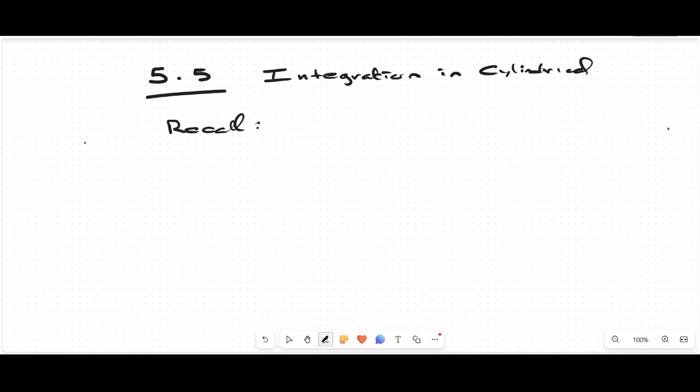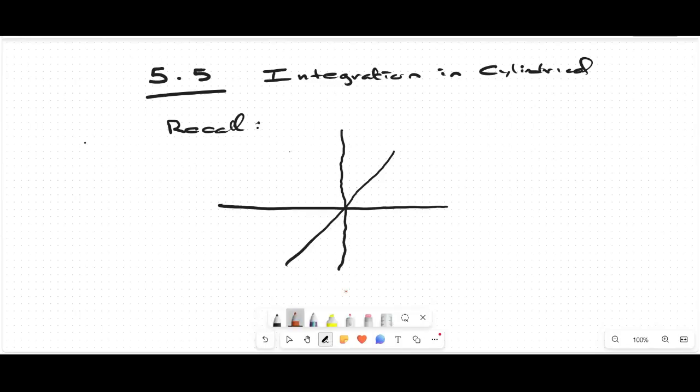So I'll do the recall like this. In polar coordinates, we set up polar integrals where we have this region that's best described in polar coordinates.